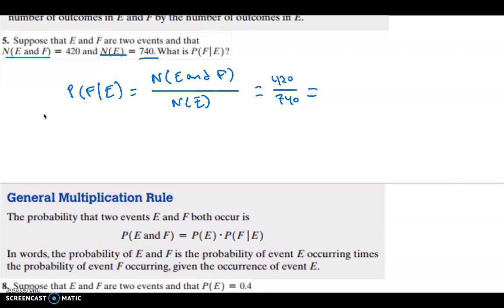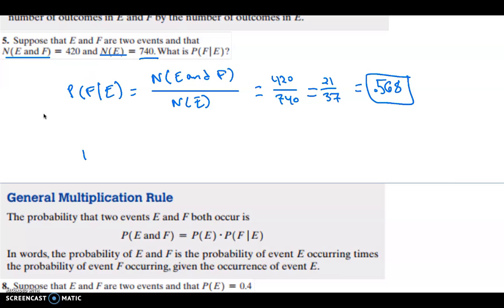This does reduce down, in case you're curious, to 21/37, and the decimal is 0.568. So the probability of event F given E is 0.568. Now we don't know anything about E and F in this case, but that's just how the calculations will work.